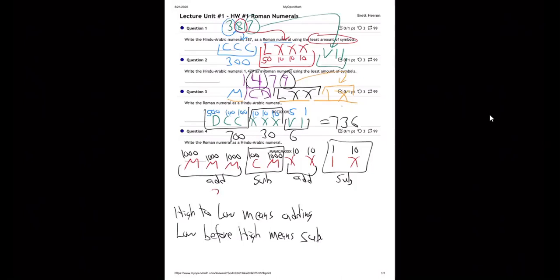And so what do we got then? This is 3,000. This is 900 because it's subtraction, 1,000 minus 100. This is 20 and this is 9. So the answer is 3,929. That's the number. So do you see how we determine that?